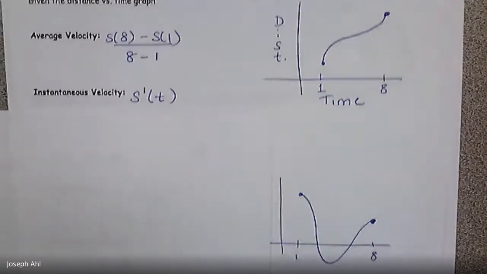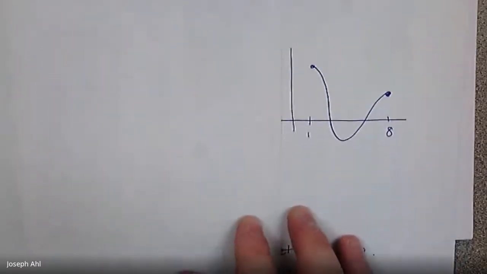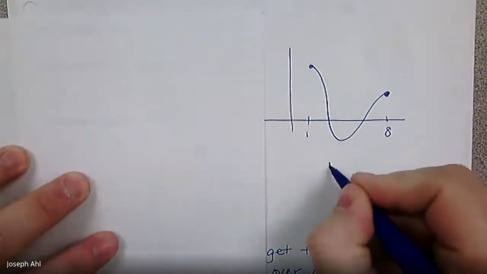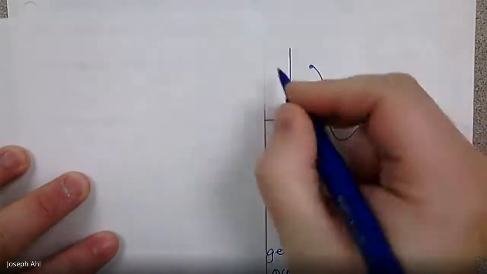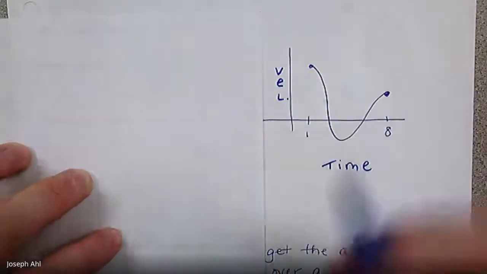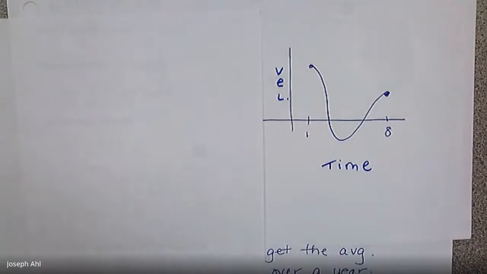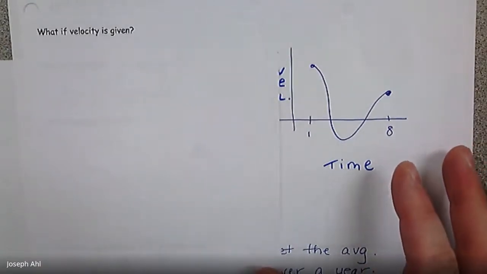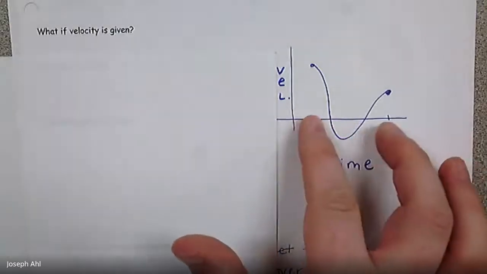But what if I work backwards from this a little bit, and I give you the velocity curve over here? So this is, as time goes on, the velocity. If this is our curve for time versus velocity, how would I figure out the average velocity over this time?